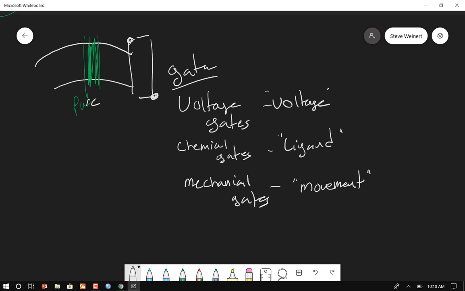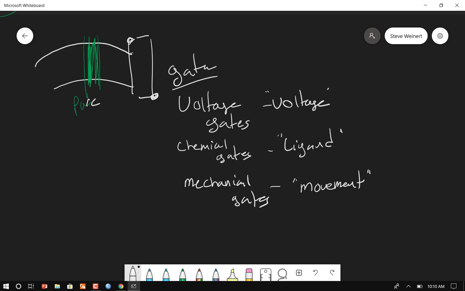Voltage activated gates are activated by voltage. Chemically activated gates are opened by ligands or chemicals. Ligands is a name for chemical. Mechanical activated gates are opened by movement. So if you run your fingers back and forth across your piece of paper and across the little bumpy, annoying desks that you try to write on, can you feel the difference between the desk and your paper?